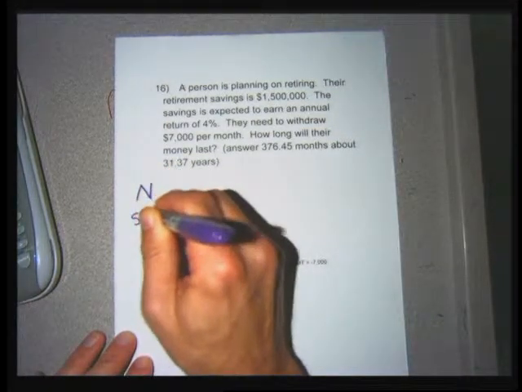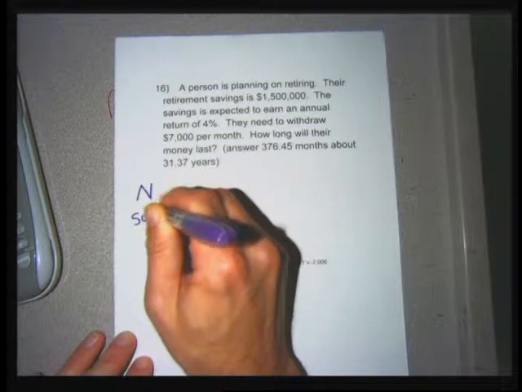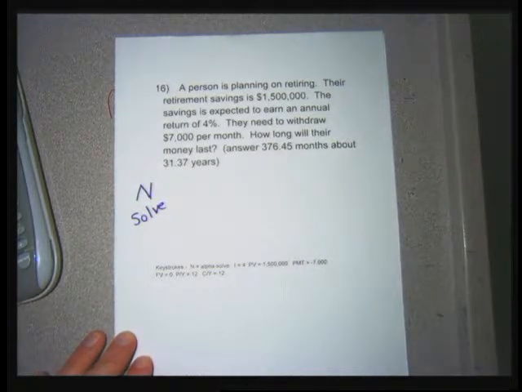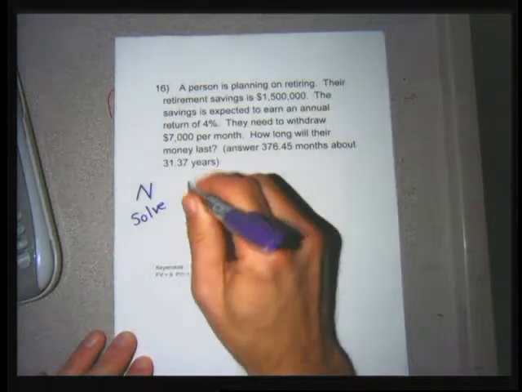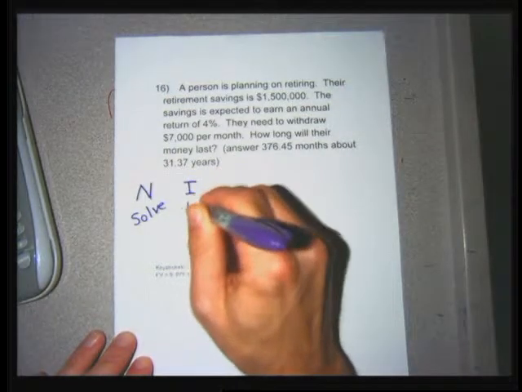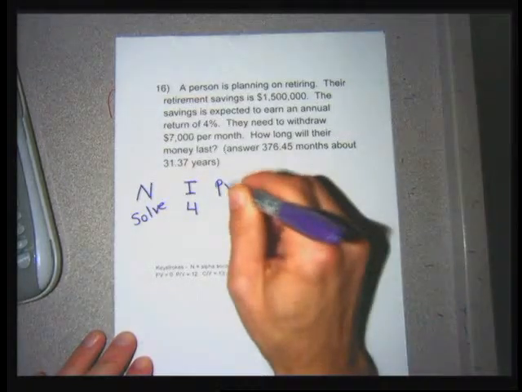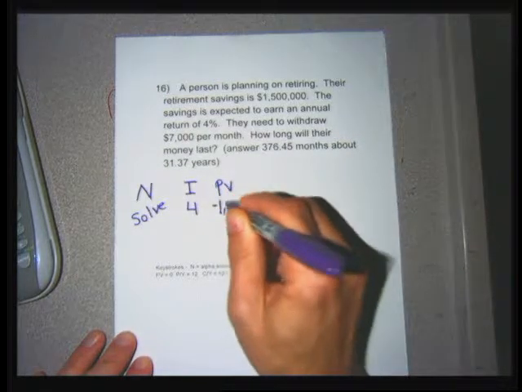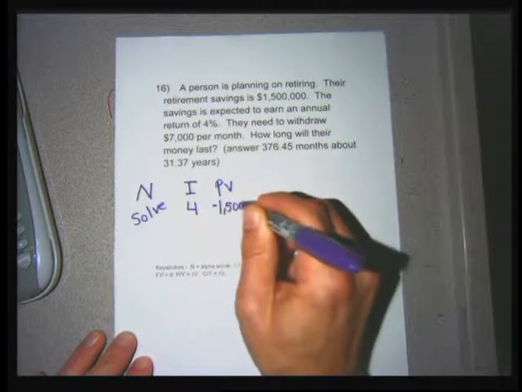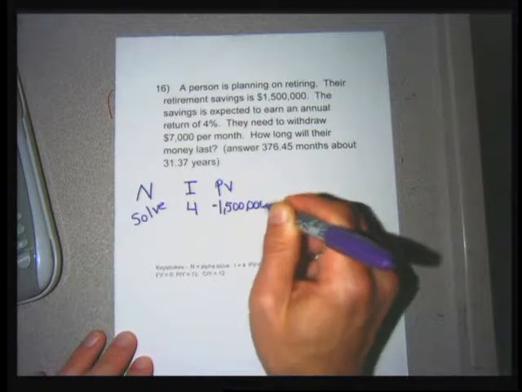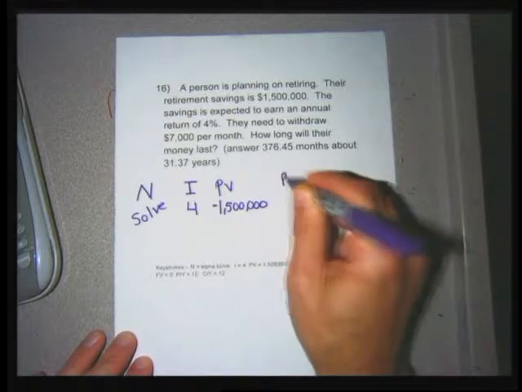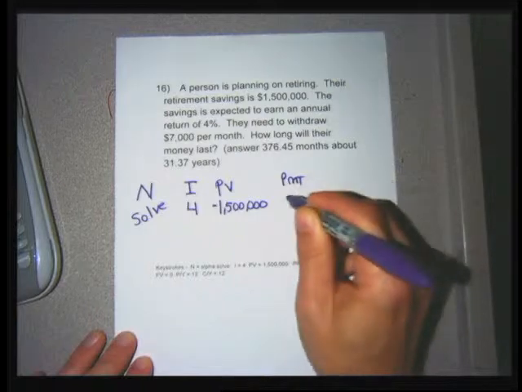In both 13, 14, 15, and 16, I'm finding out how long my money is going to last. The I is the interest rate that I'm drawing, and that's 4%. The PV is the amount of money that I have saved up when I start my retirement withdrawals. And because I'm withdrawing money, the PV and the PMT need to have opposite signs.